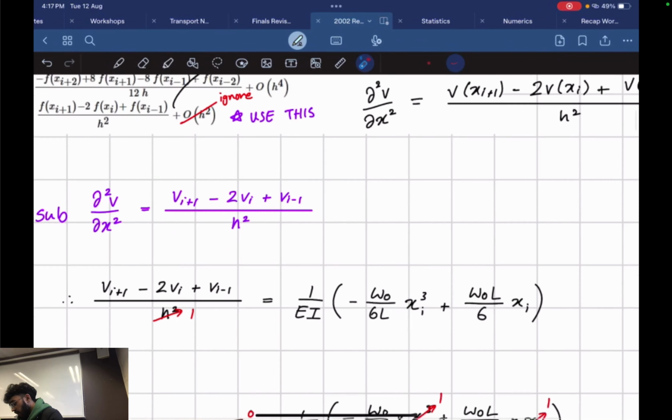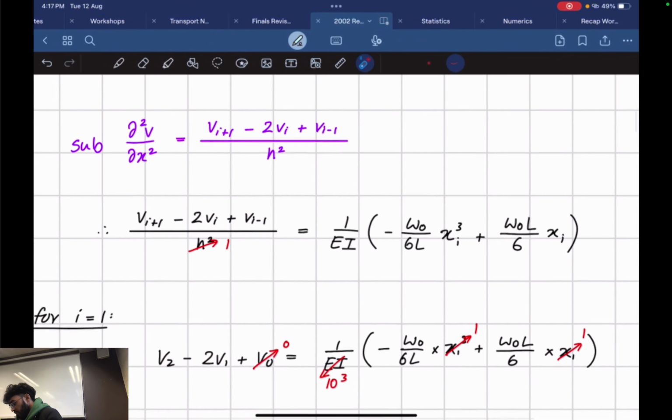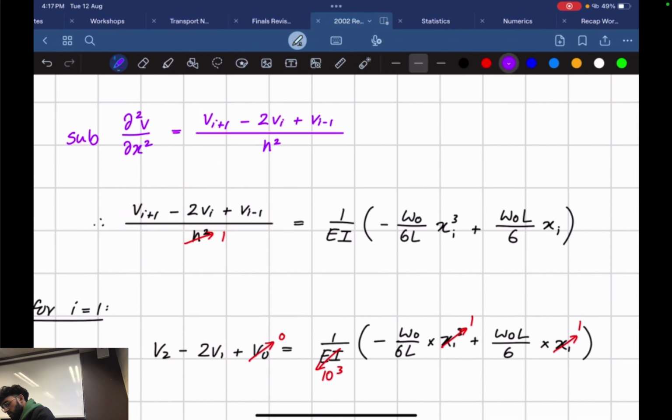For i equals 1, when you sub in i equals 1 here, you get 2, 1, and 0. Make sense? That's on the left-hand side of the equation. On the right-hand side, we have x1, which is equal to 1, and over here x1 is equal to 1.